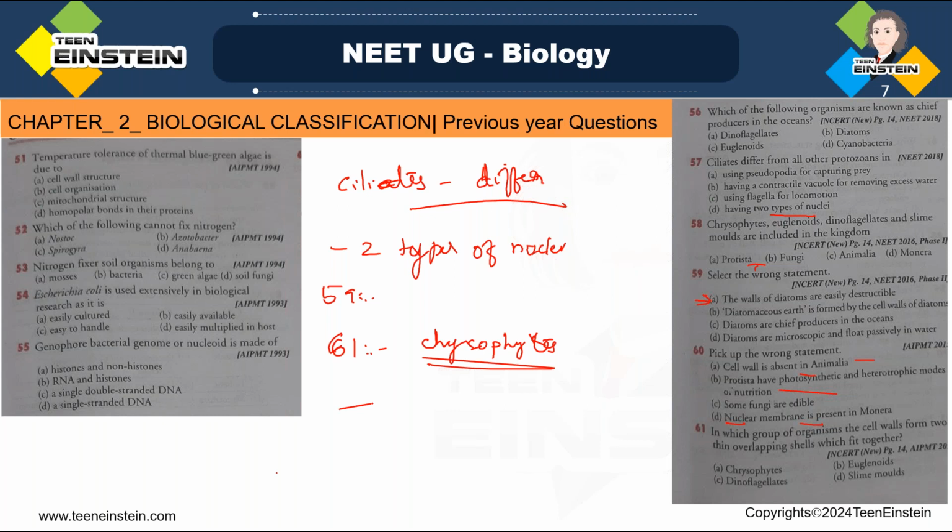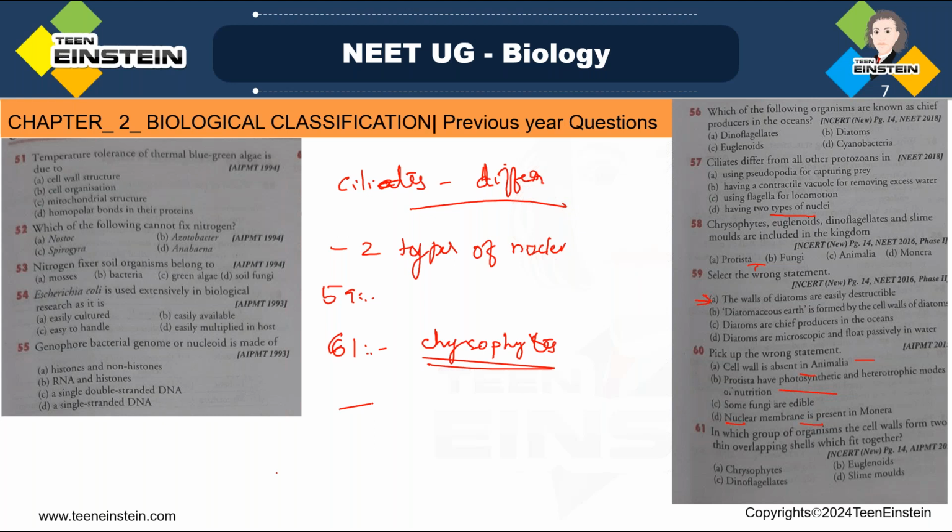And this group includes diatoms and golden algae, or we can say desmids. So most of them are photosynthetic. And in diatoms, the cell walls form two thin overlapping shells, and they fit together like a soap box. In a soap box, the two overlapping halves fit together, like that it will be there. In which one?